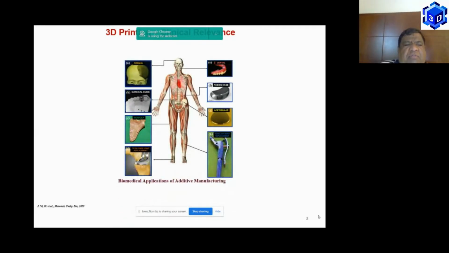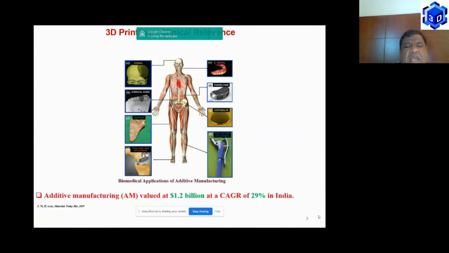So 3D printing, I will skip the slides because Professor Jais Pellare has mentioned the relevance, but just to remind you that in these head-to-toe applications for the reconstruction and replacement of different parts in the body, 3D printing has specific advantage in terms of providing patient-specific implants. And it is valued at 1.2 billion US dollars at a compound annual growth rate of 29% in India.